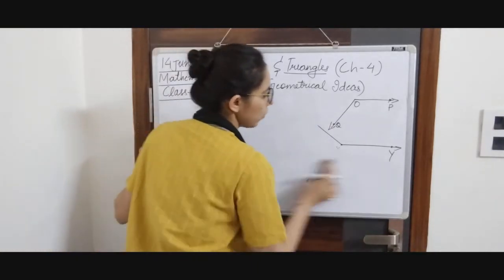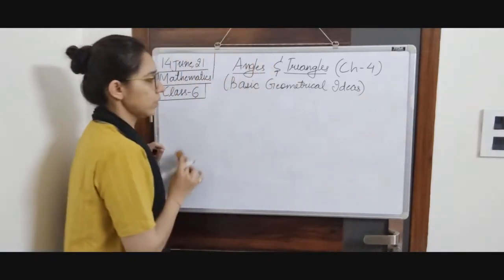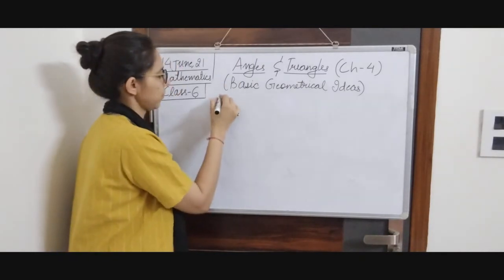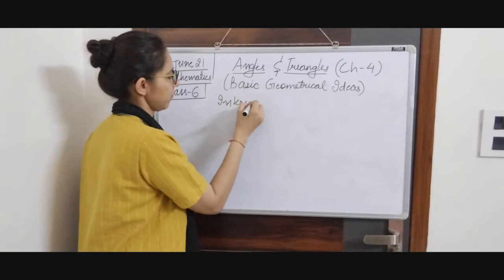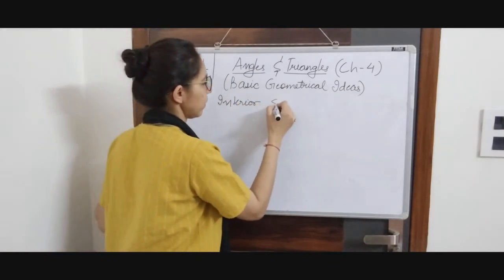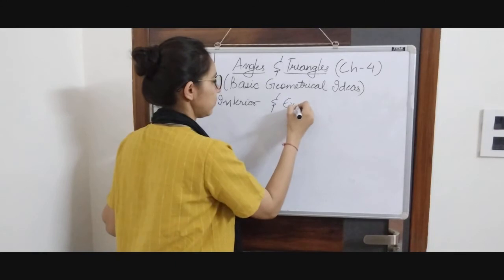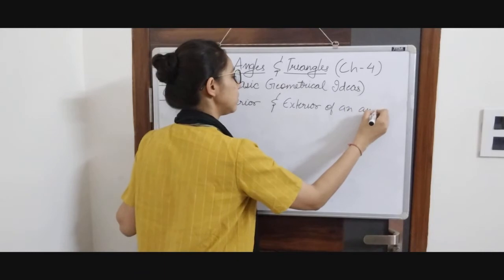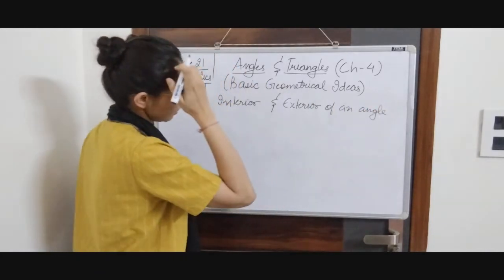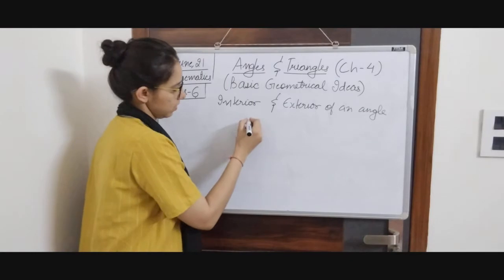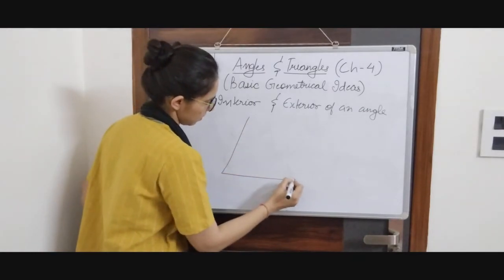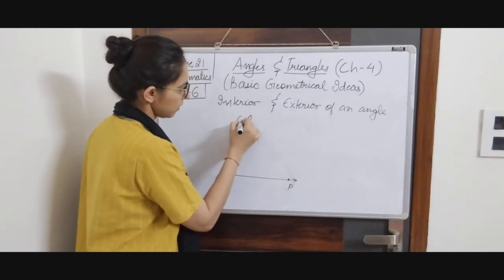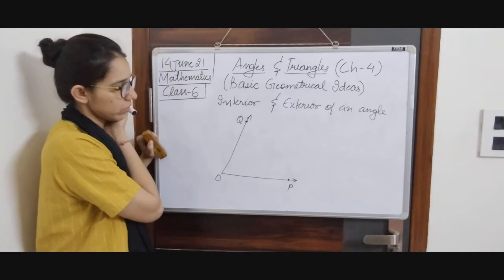Now we are going to talk about the interior and exterior of an angle. Suppose we have two rays OP and OQ, and with this an angle is formed.